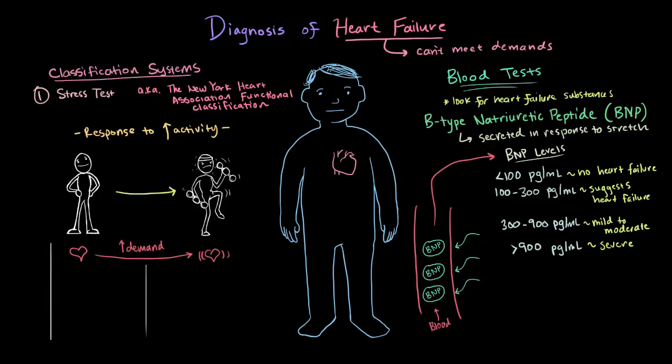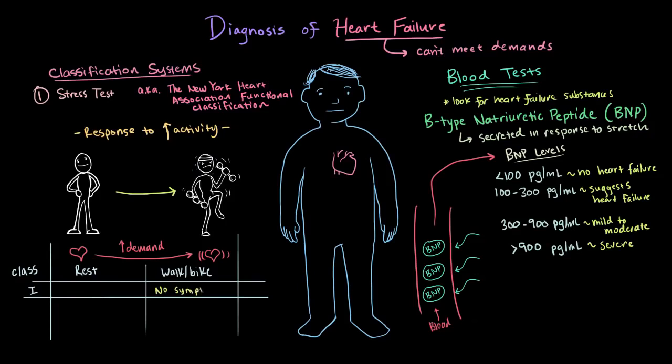So the doctor might monitor you while you either walk on a treadmill or ride a stationary bike. And the first class, or Roman numeral 1, is no limitation to physical activity, meaning that this activity doesn't cause any out-of-the-ordinary fatigue, palpitations, or shortness of breath. Class Roman numeral 2 is some limitation to physical activity, meaning that you might be comfortable at rest, but any normal physical activity results in some symptoms of heart failure.